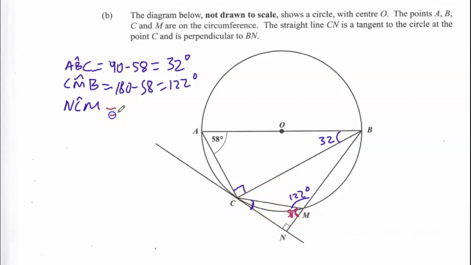So NCM would be 90 minus 58 degrees, and that would be 32 degrees. So this angle will be 32 degrees. Notice when you add 32 plus 58 plus 90, you end up with 180, which is what the sum total of the angles in a triangle must be equal to.